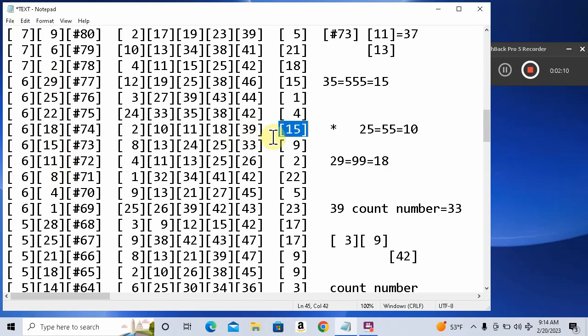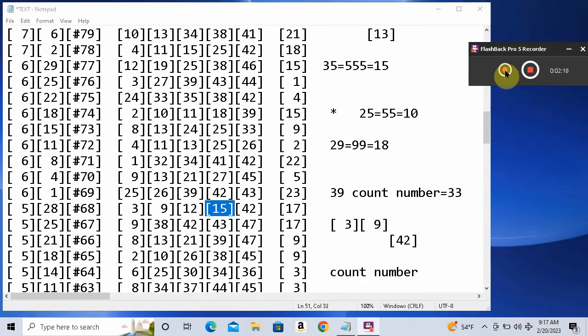So you could verify these numbers. For instance, to verify this 15 right here, what you do is you go into history. The reference of here, you can see the 15 right here. The distance between this 15 and this 15 is 39.